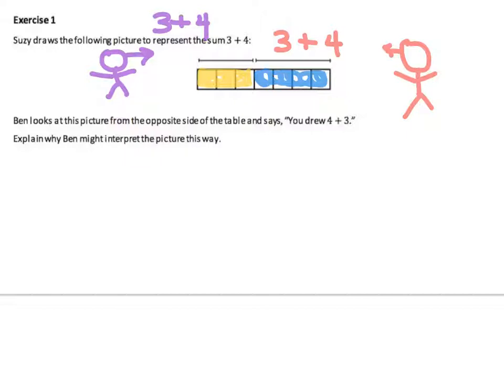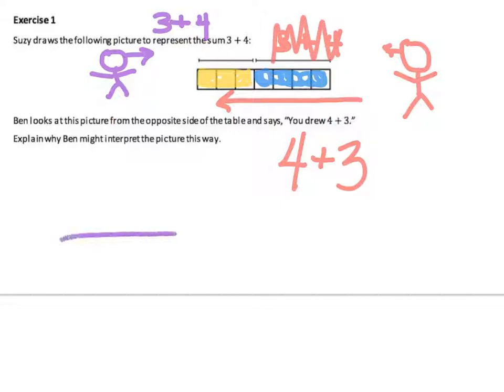But maybe he's reading the picture from his left to his right, giving 4 plus 3. In red, Ben is reading from his left to his right, and he got 4 plus 3.